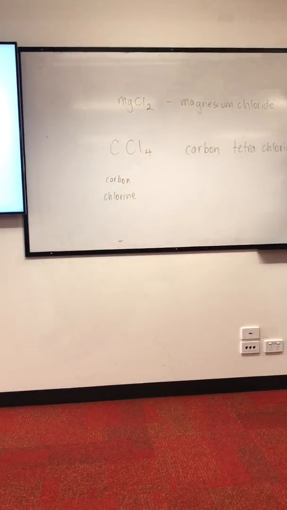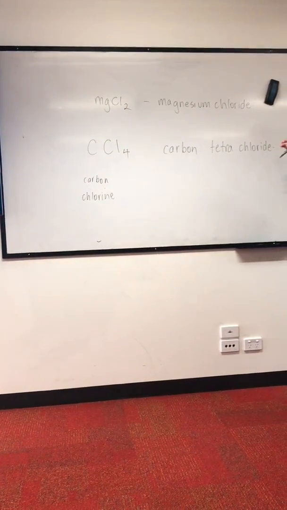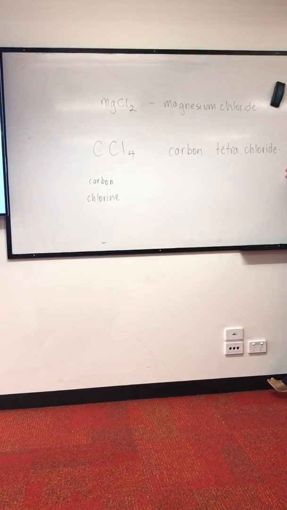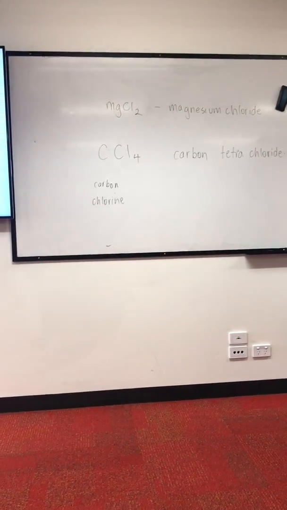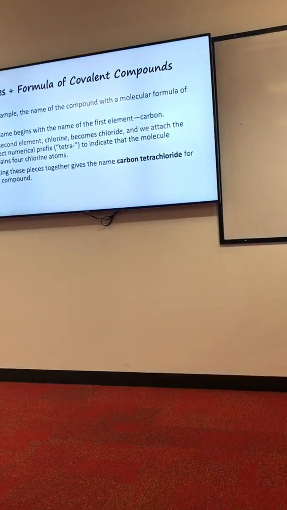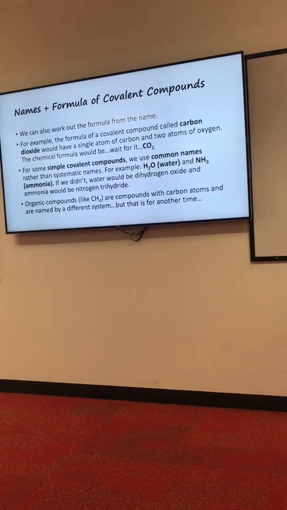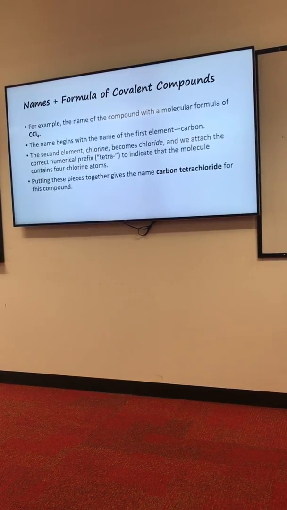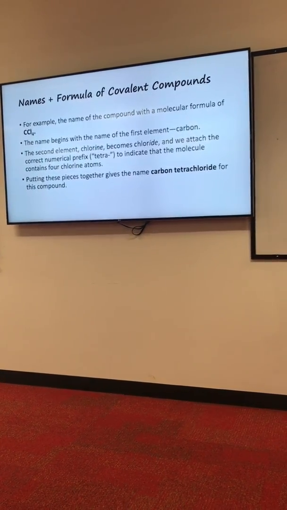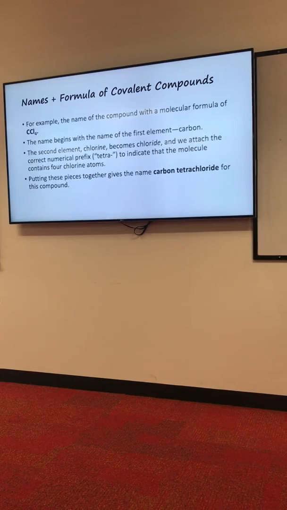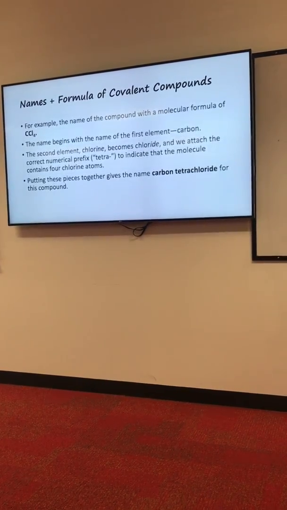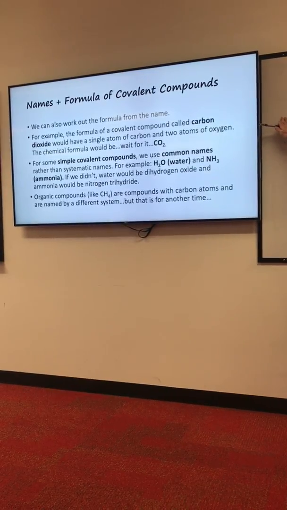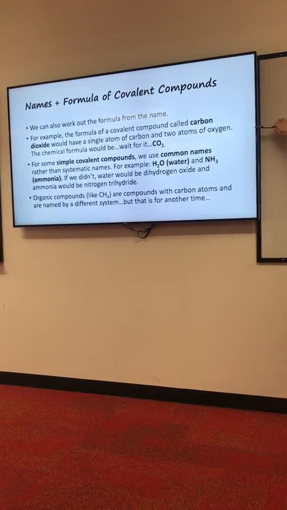Good. Now the same way that you work out the name of it, you can also work out the formula from the name. I chose this example because I wanted to give you some problems to do, so I wanted to choose an easy one as my example.